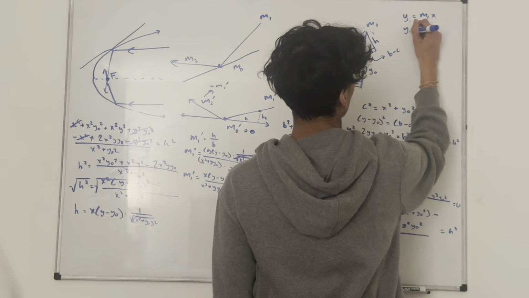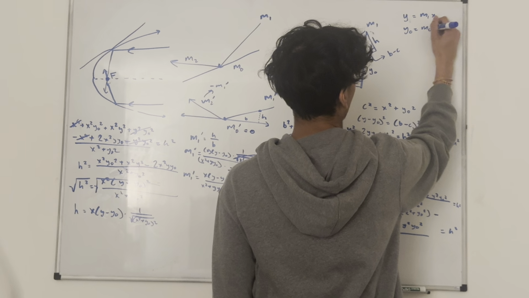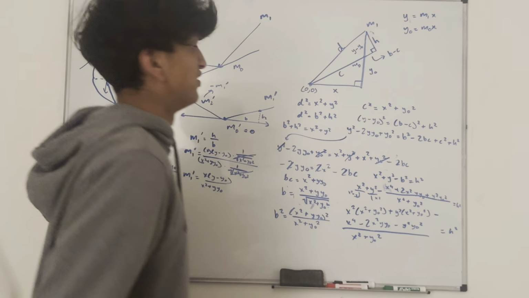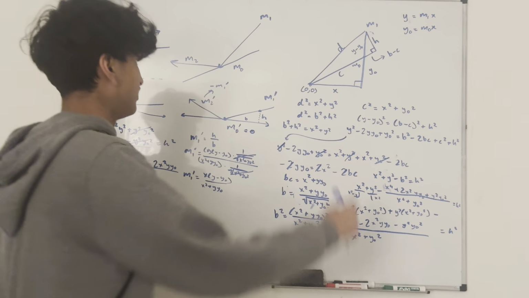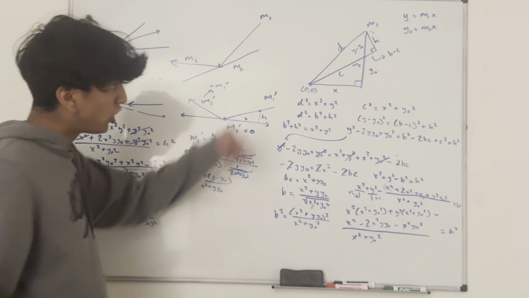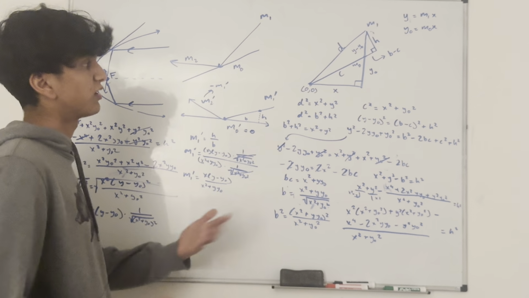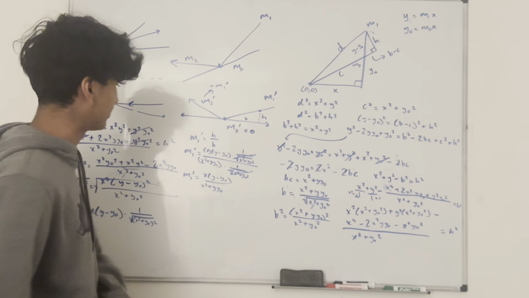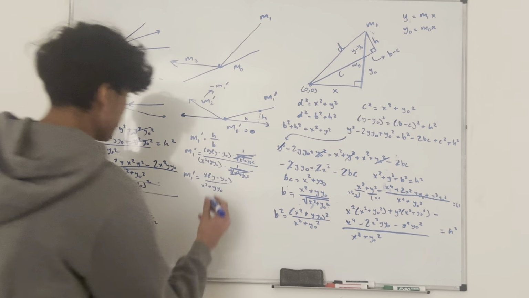And then y initial is just going to equal m initial times x, right? Because it's the equation of a line, and it's passing through the origin, so there's no y-intercept. That's why I chose 0, 0. You could do this derivation anywhere. I'm sure the y-intercepts will cancel out, but you might as well do it at 0, 0.